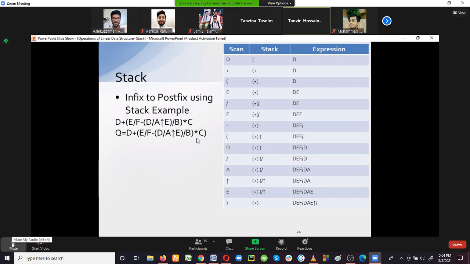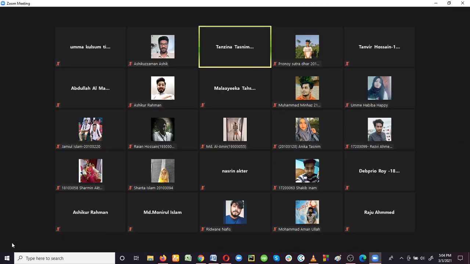Yes, ma'am. Okay, so I'm just giving you an infix notation. Try to convert it into postfix using stack.